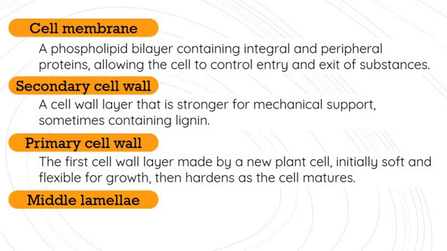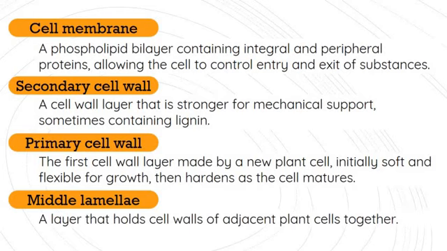If you imagine a little plant that's just grown from its seed, it will be very, very soft, and then as it grows taller and stronger, that primary cell wall can harden and toughen up as the cell matures. And lastly, we have the middle lamella that we've mentioned already, and this is a layer that holds the cell walls of adjacent plant cells together, a bit like cement.